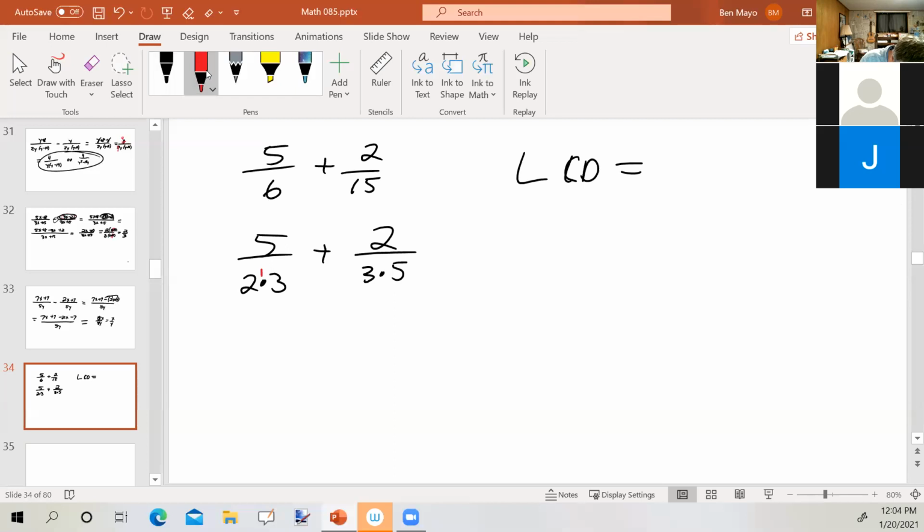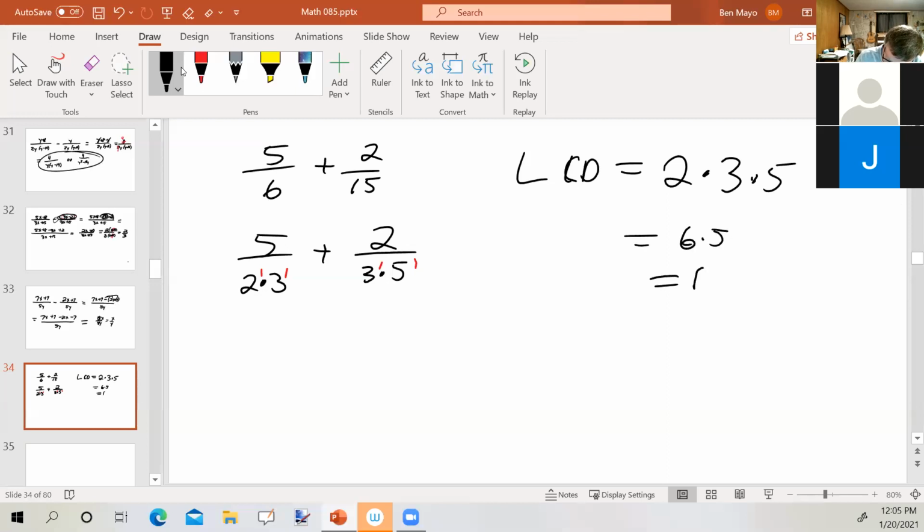Here, I'll put those implied exponents there. So the highest power of 2 is just 2 to the 1 power. The highest power of 3 is just 3 to the 1 power. The highest power of 5 is just 5 to the 1 power. So my least common denominator of 6 and 15 is 30.